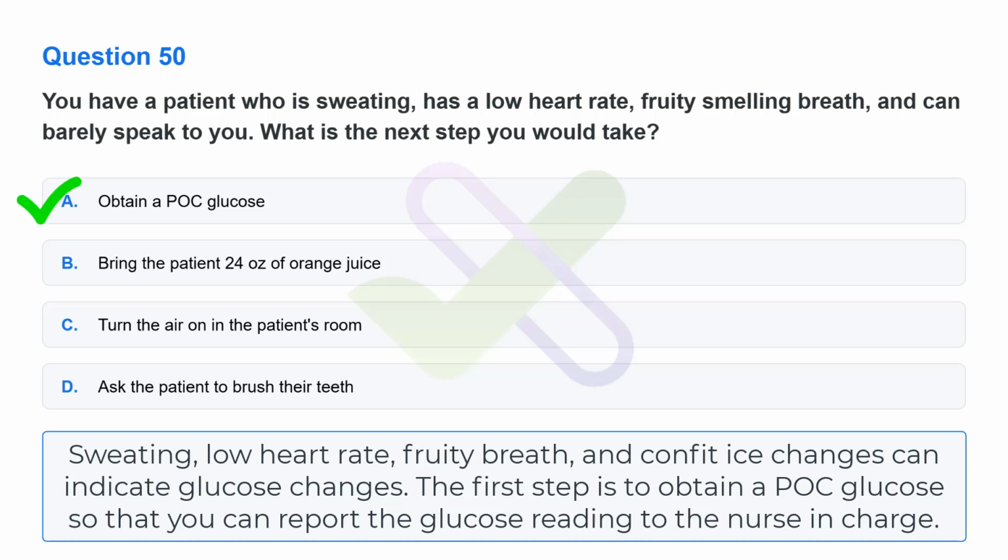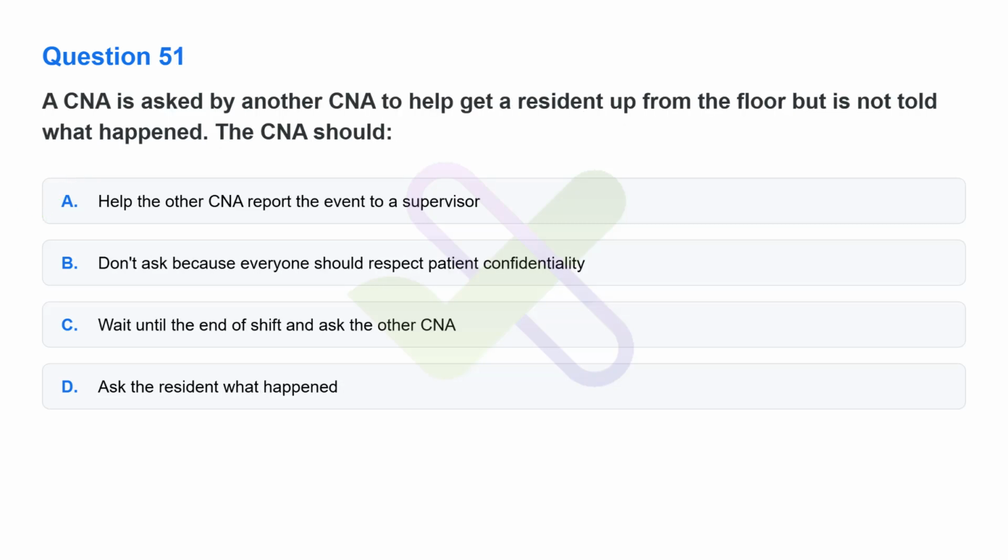A CNA is asked by another CNA to help get a resident up from the floor, but is not told what happened. The CNA should: A, Help the other CNA report the event to a supervisor. B, Don't ask because everyone should respect patient confidentiality. C, Wait until the end of shift and ask the other CNA.